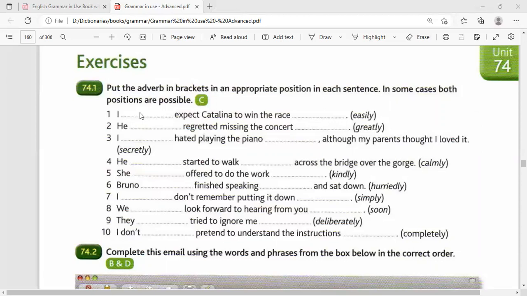Number 9. It can be both. So number 9, yes, that's right, both. You can say they deliberately tried to ignore me, or they tried to ignore me deliberately. Okay? Number 10.